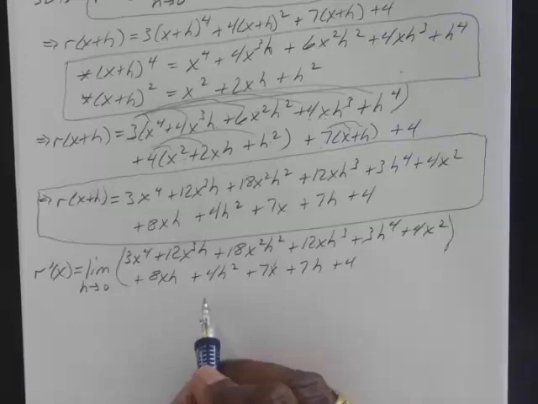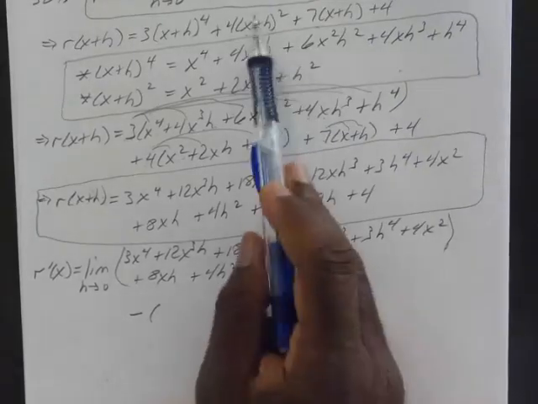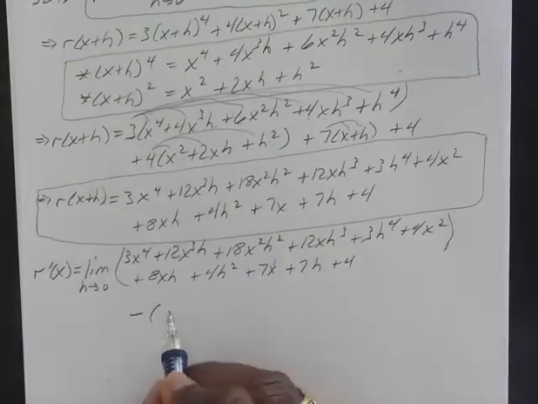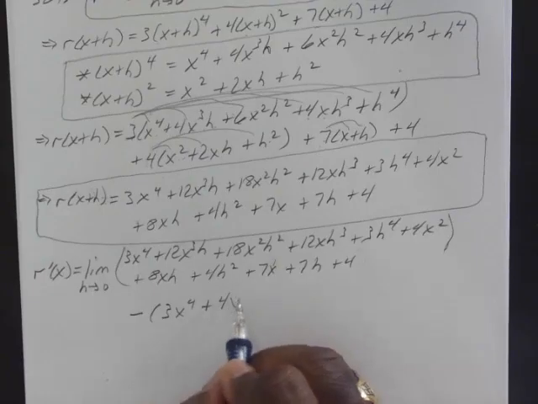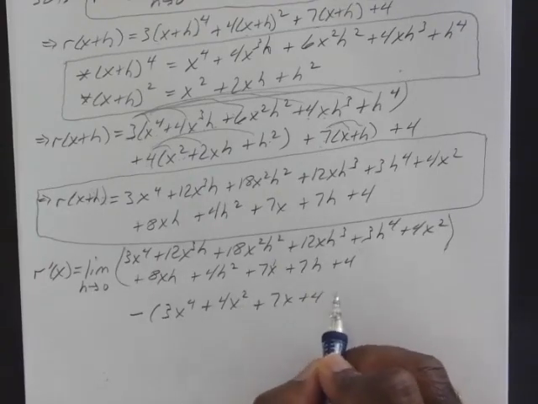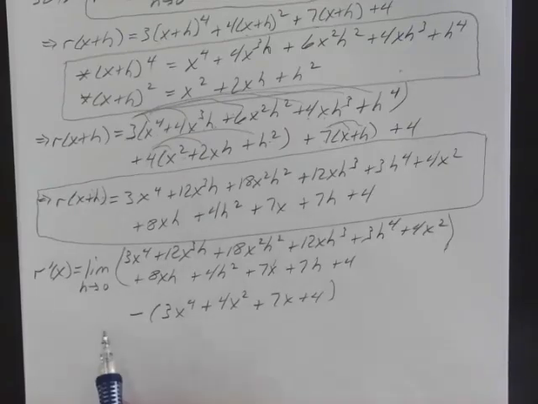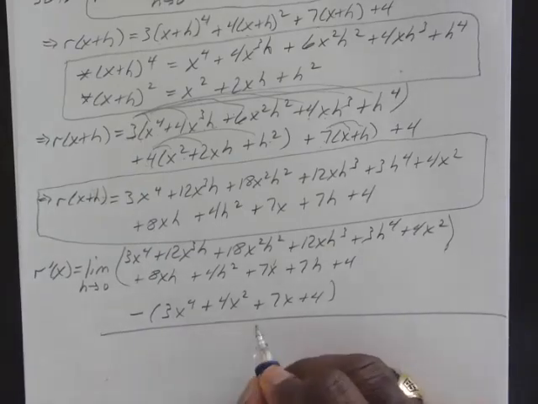Okay, and that minus your r of x, which is 3x to the fourth plus 4x squared plus 7x plus 4. I know that's really lengthy. And that is all divided by h.